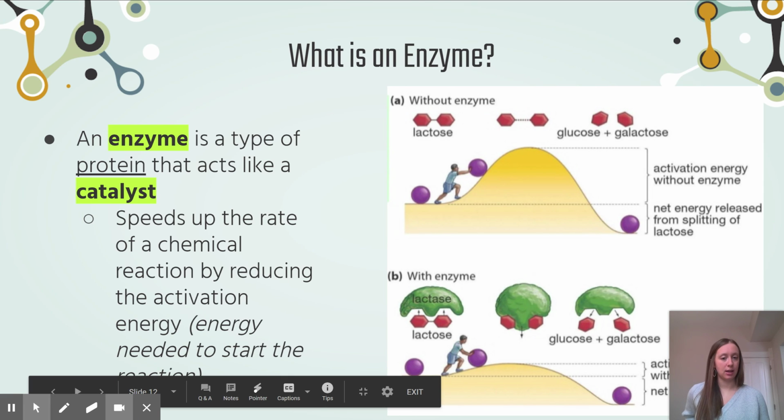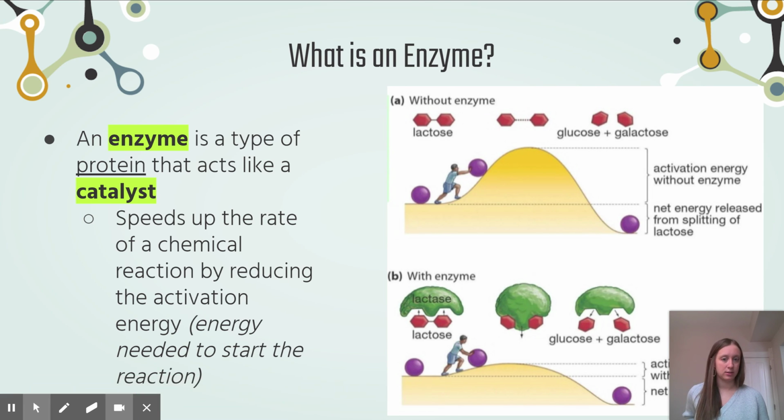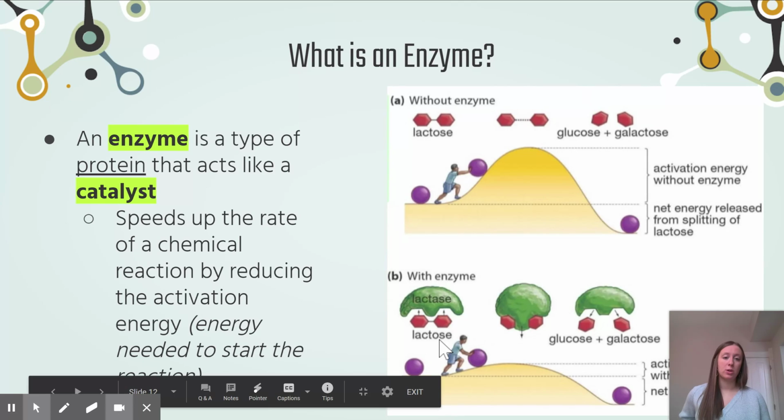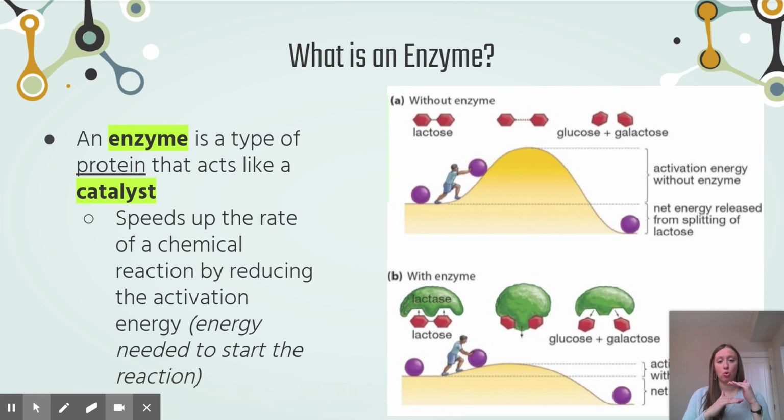Lactase is an enzyme. It ends in ASE. That's the hint of what an enzyme is typically named as. With the presence of lactase, lactose can be broken down with less activation energy. So we see how much shorter that bump is on the graph. That means less energy is needed to start the reaction, and the lactose is broken down into glucose and galactose faster.